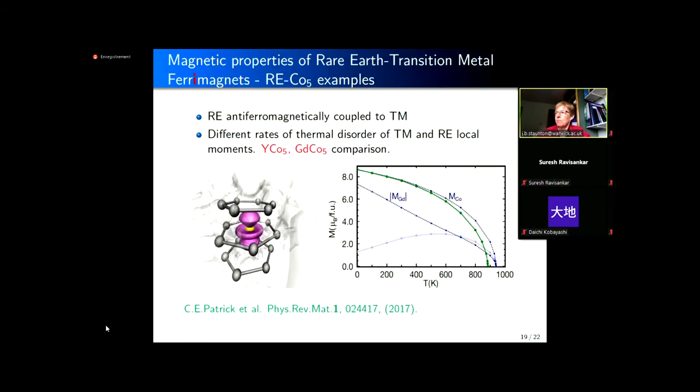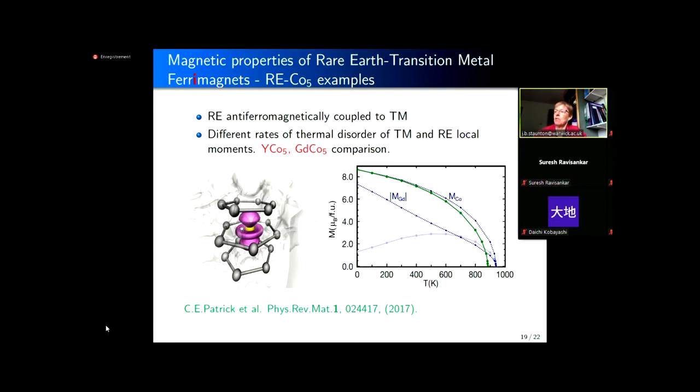So the project I've been involved with, we started out by tackling one of the classes of permanent magnets, which has the simplest crystal structure, just to try to pull out some of the principal physics ideas from it. So these are the rare earth cobalt-5 magnets.